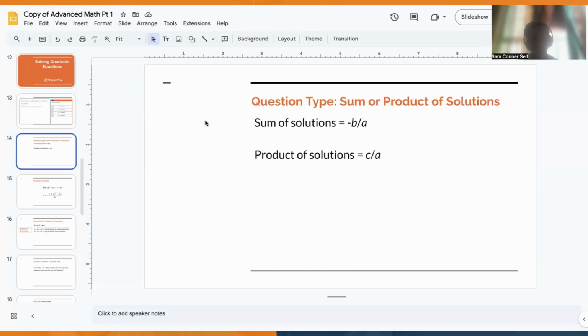Another thing that they might ask you when they ask you about solving these quadratic equations is to find the sum or product of solutions. A shortcut way to find either is, for the sum, -b divided by a, and c divided by a when they ask you about the product of solutions.